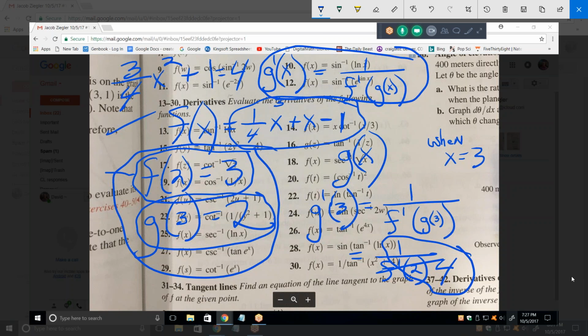In other words, the first thing I have to do is set that equal to 3 and solve for x. Turns out that x is 2. So I can make the statement that f of 2 equals 3, which allows me to make the statement that g of 3 equals 2. That allows me to answer the problem without ever knowing the inverse function.